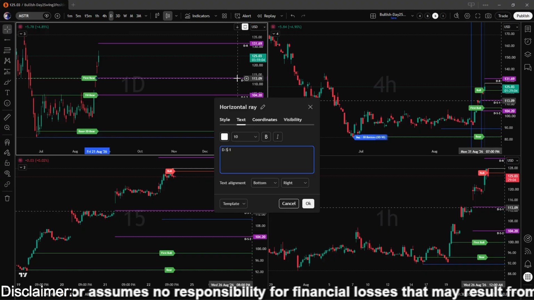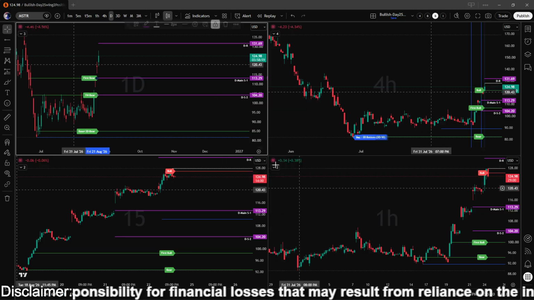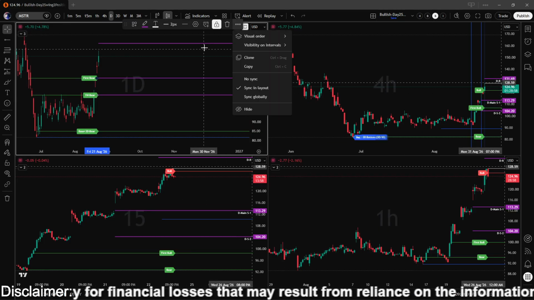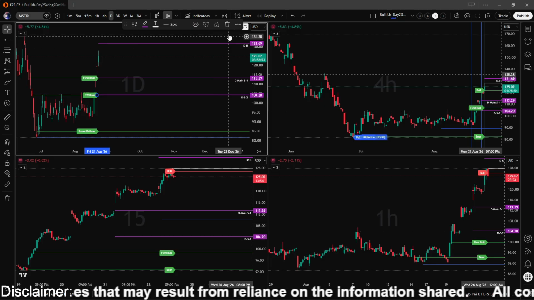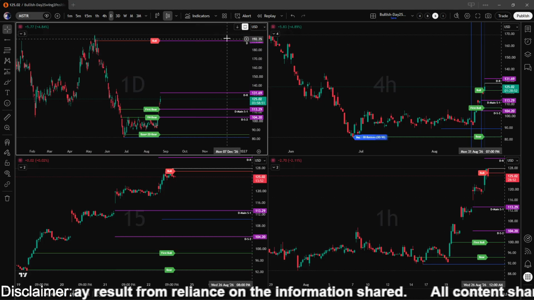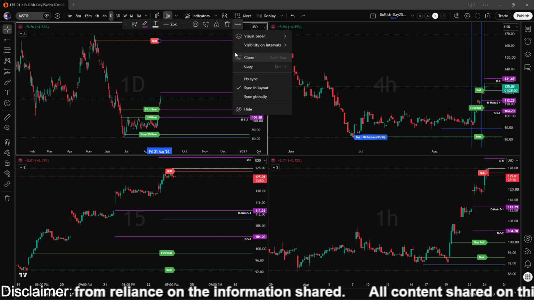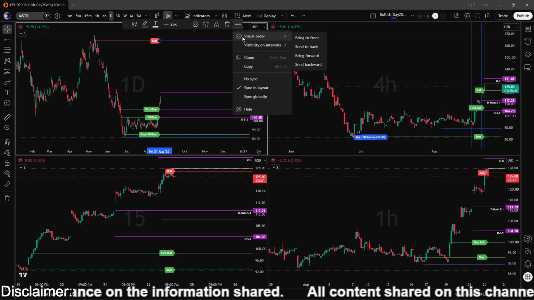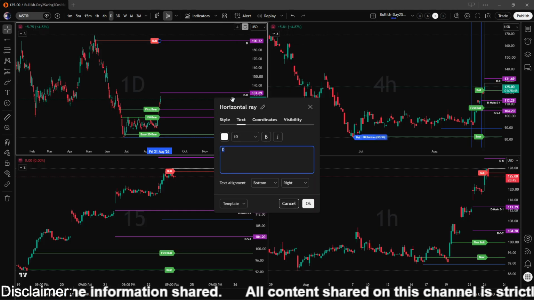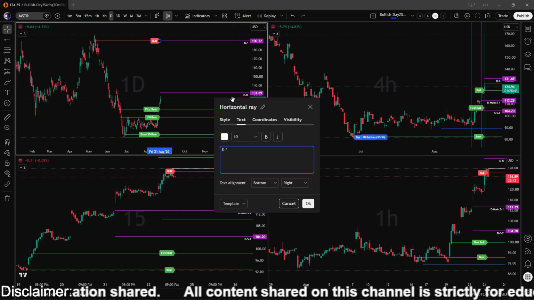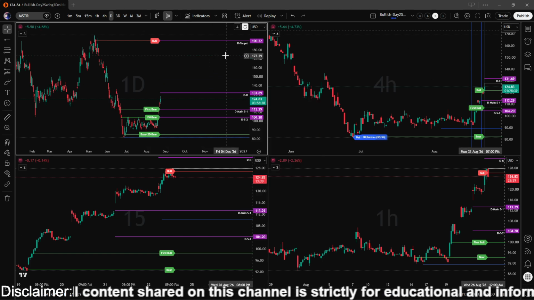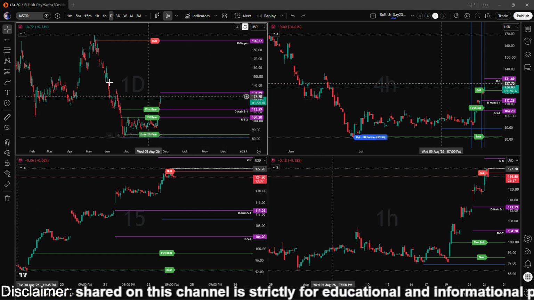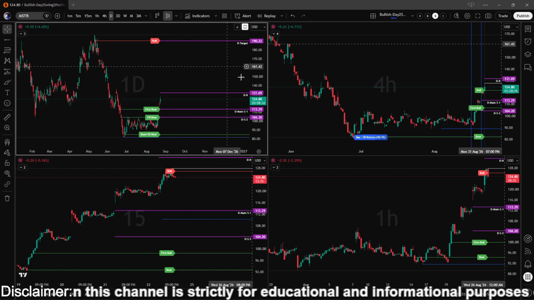This is daily main support 1. So I synced all these levels in all the time frames, and now let me add this one also. Daily target. So this is the target which I'm expecting, or which this micro strategy will eventually try to go for.